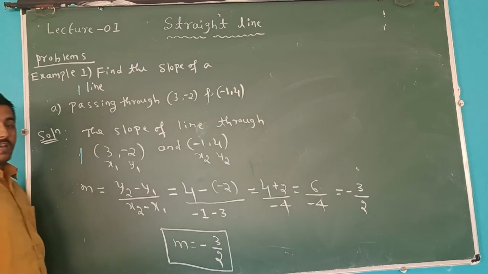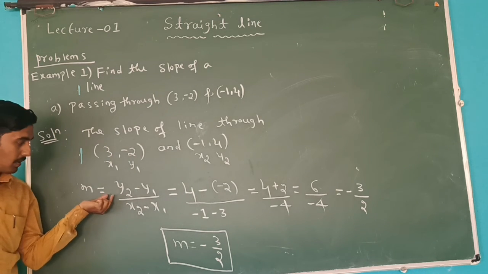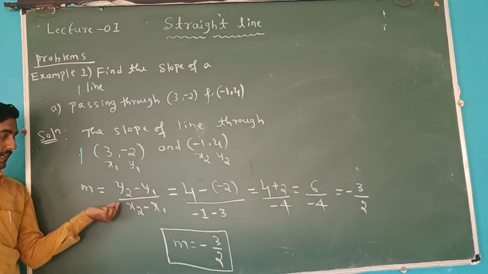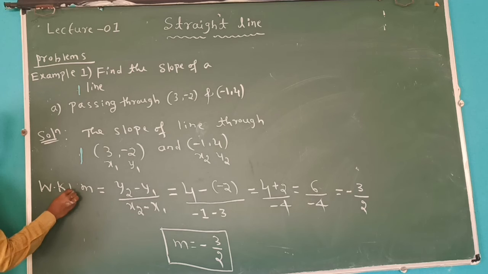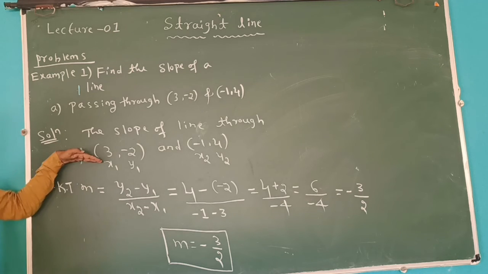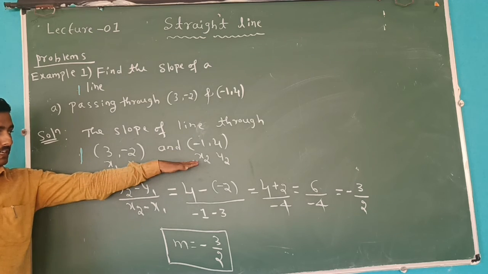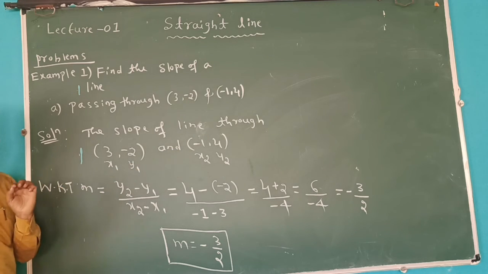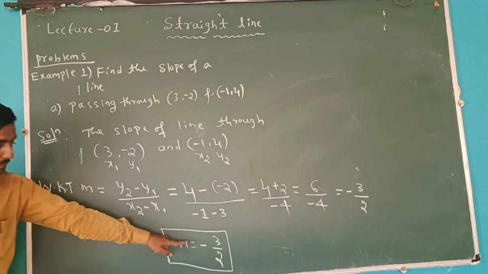Clear? Here we are finding the slope of the line passing through the two points. You know the formula m equal to y2 minus y1 divided by x2 minus x1. This is a well known formula. Taking the first point with coordinates x1, y1 and the second point x2, y2, we substitute the values and get minus 3 by 2.